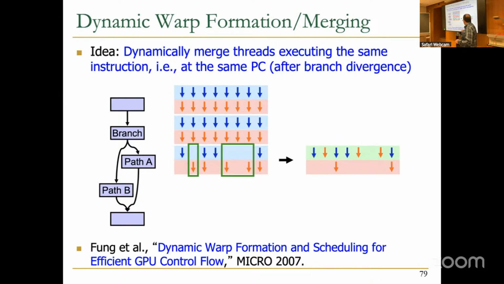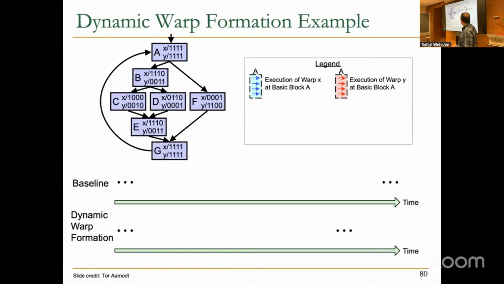Later on, this team published a paper in 2011 to tackle the third issue, called thread block compaction, where they do compaction at the thread block level to make sure this does not violate that important constraint.